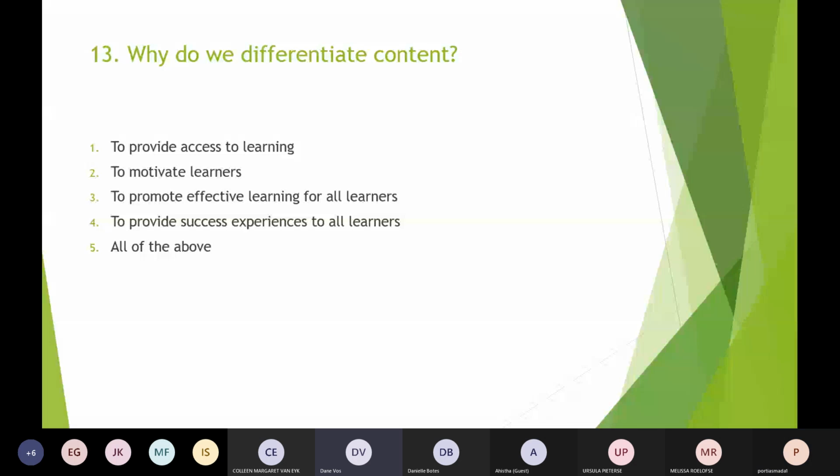And then if it's not all of the above, then it's number 3, to promote effective learning for all learners. Because when you differentiate content, if I'm understanding it correctly, is to change your teaching method to suit the different learning styles. So I would say, if not 5, then 3.